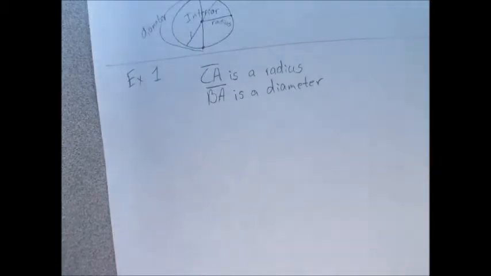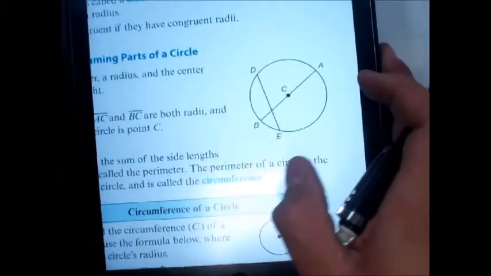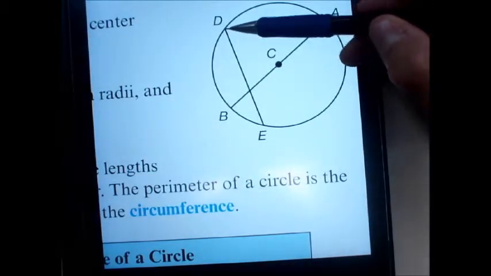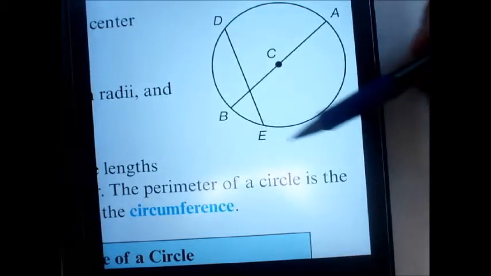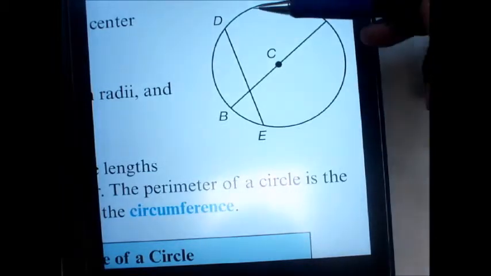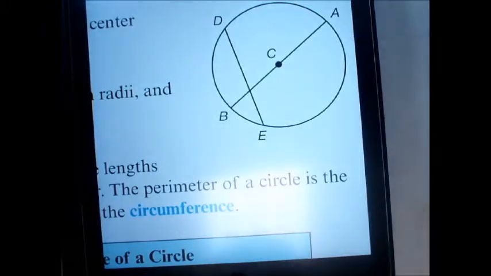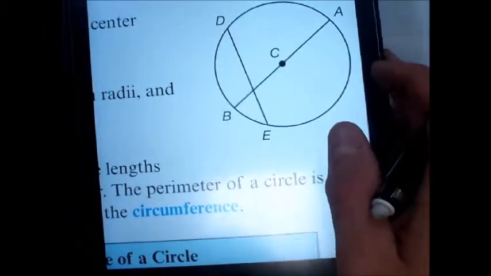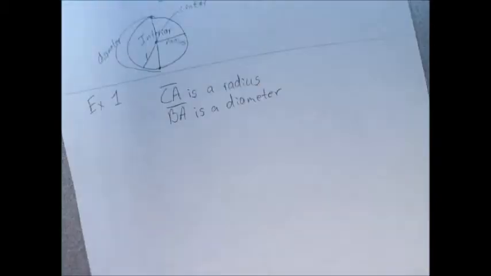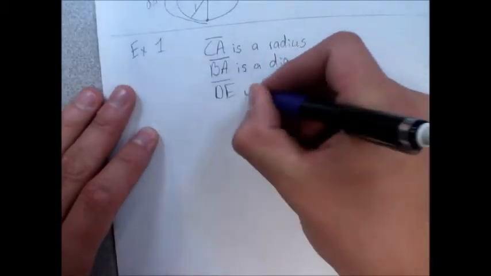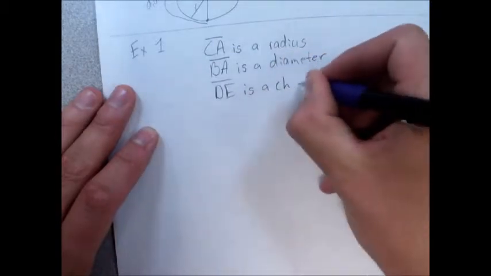No. Diameter goes through the center. So looking back at this, DE is called a chord, which just connects from one side of the circle to another side of the circle. The diameter is just a special type of chord that goes through the center. And I'll spell that for you here. DE is a C-H-O-R-D, chord.